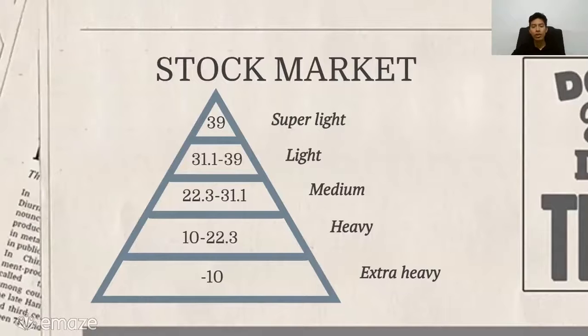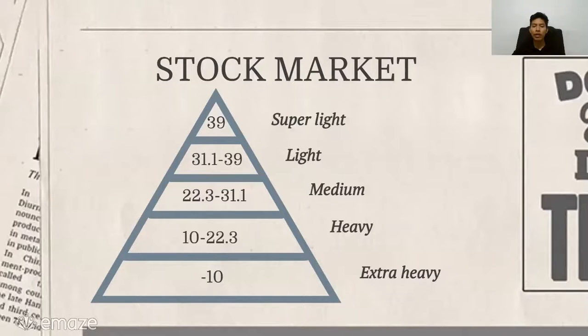So here we can see a graphic that indicates the classification of petroleum according to the grades of the API gravity. When the API gravity is more than 39, we are talking about a super light petroleum. When it is greater than 31.1 and less than 39, it is a light petroleum.